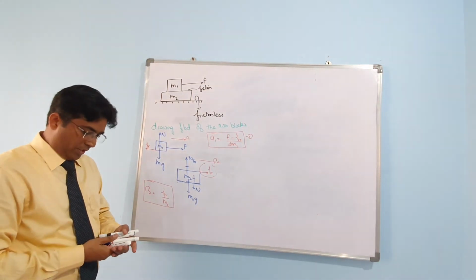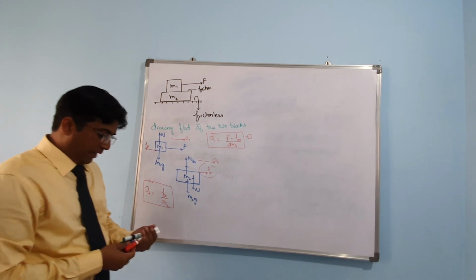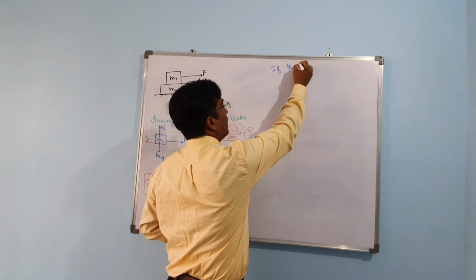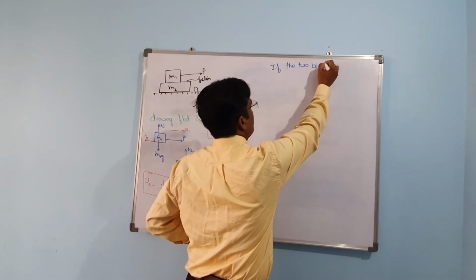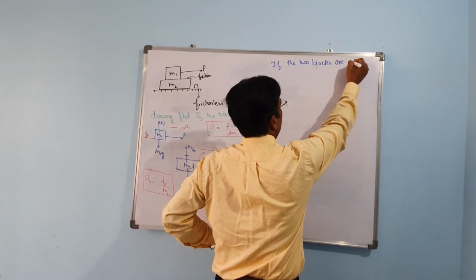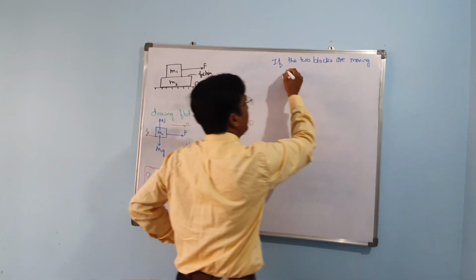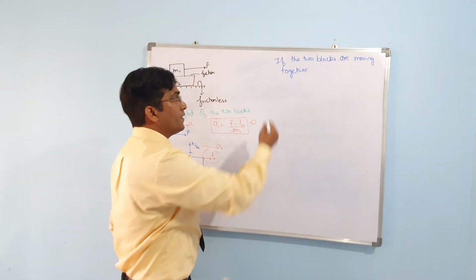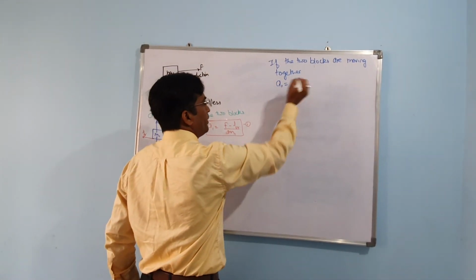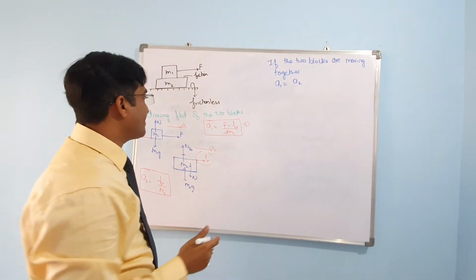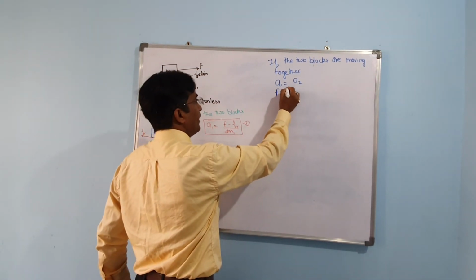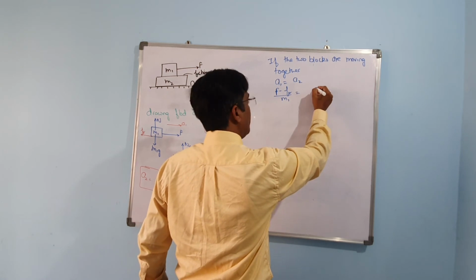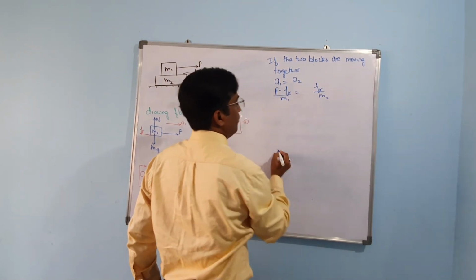Now again the condition arises, if the two blocks are moving together, what are the conditions? a1 must be equal to a2, they have the common acceleration, which means F minus Fr by m1 should be equal to Fr by m2.